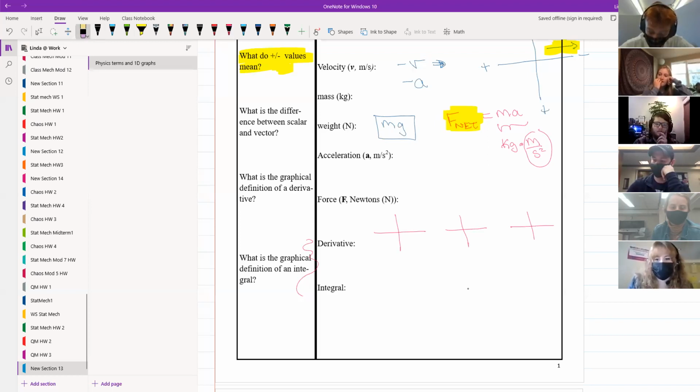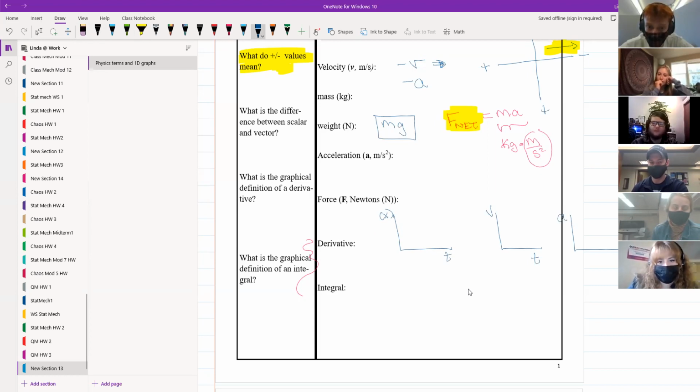And actually, we don't need 3 dimensions or 2 dimensions. We just do this. I'm going to start with this one I'll call position in terms of time. This one I'll call velocity in terms of time. And this one I'll call acceleration in terms of time.